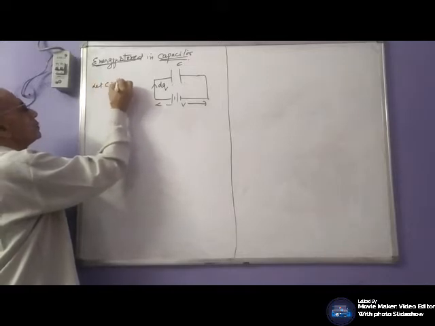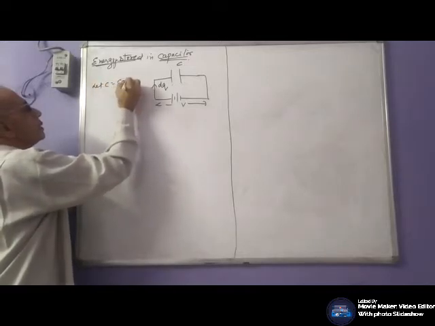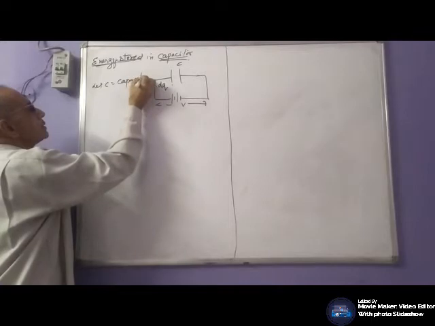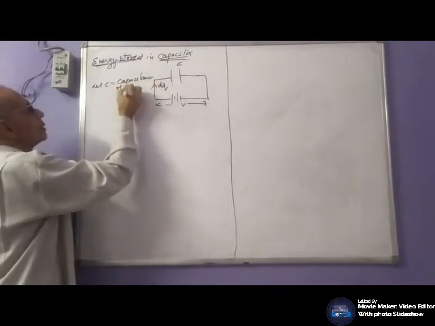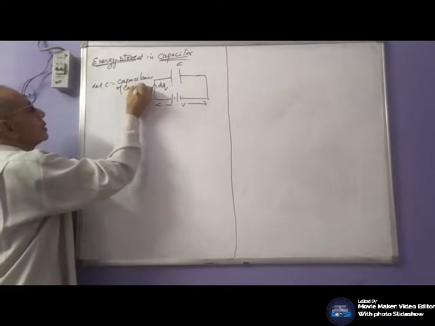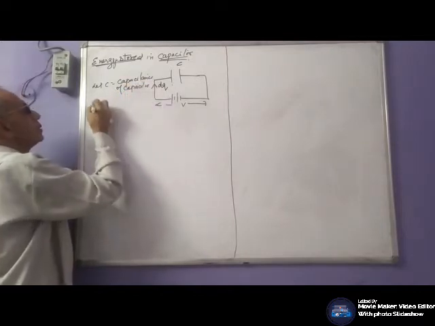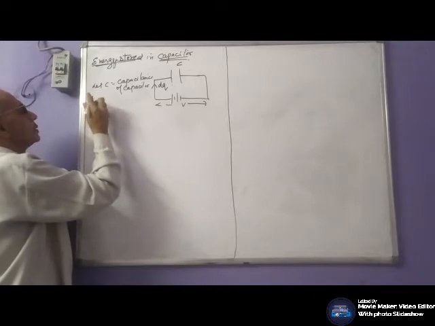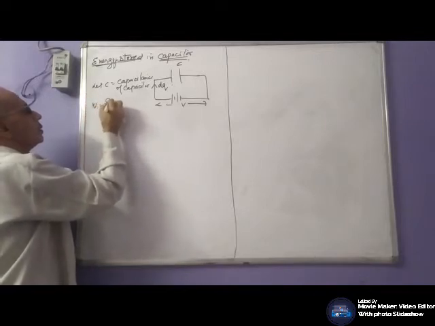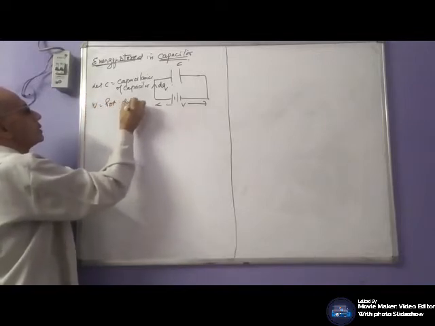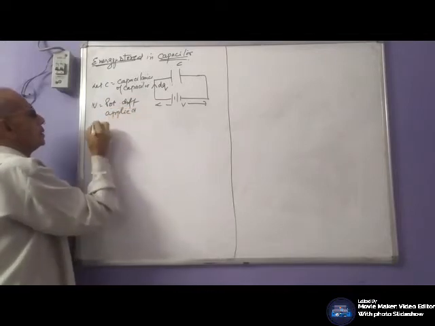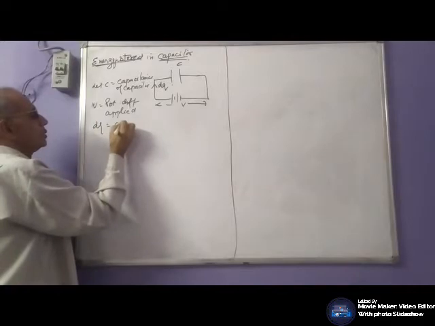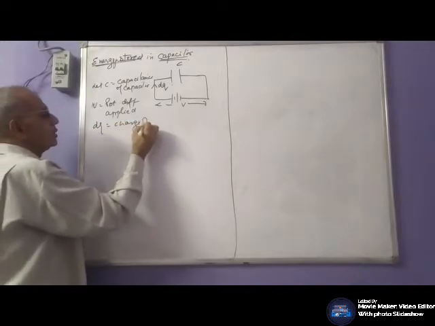Let's see. The capacitance of the capacitor is C, V is the potential difference applied, and dQ is the charge flowing.